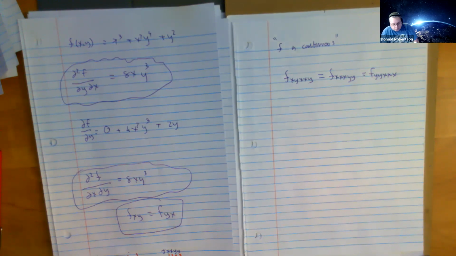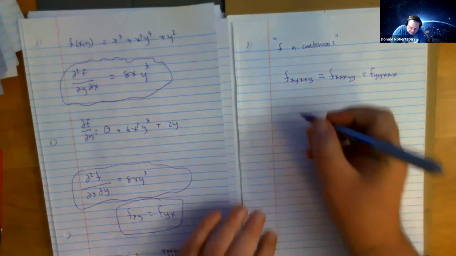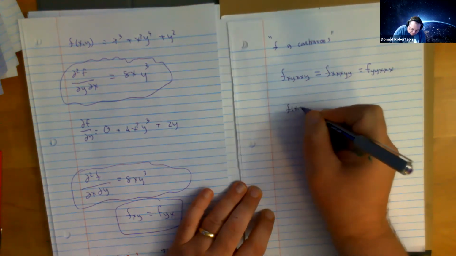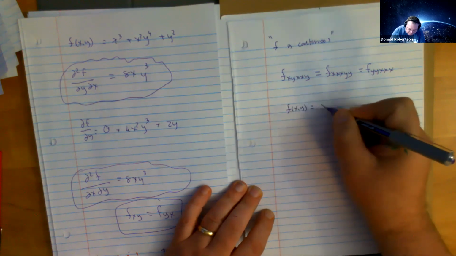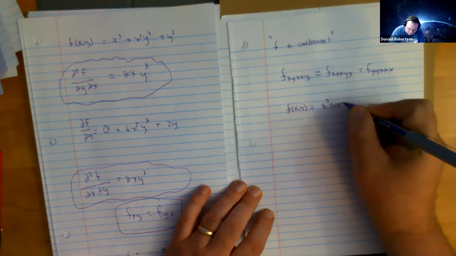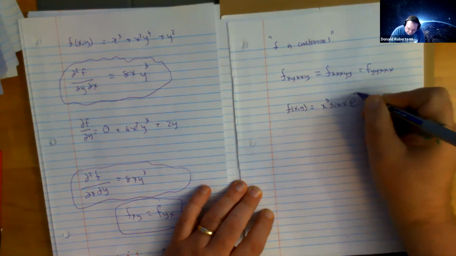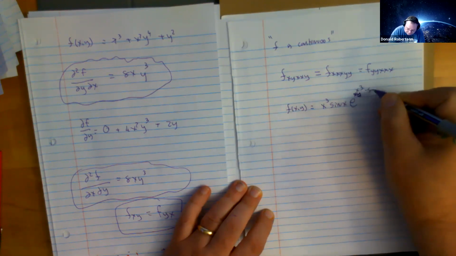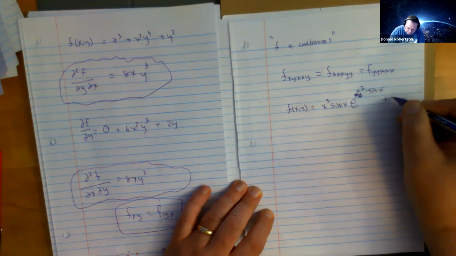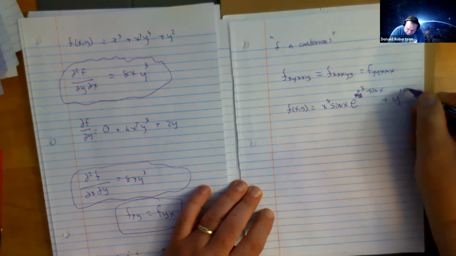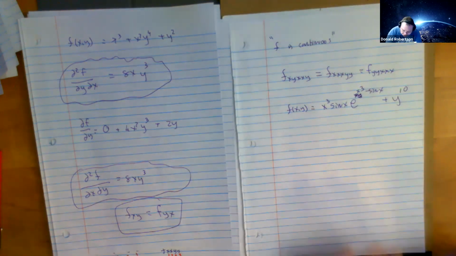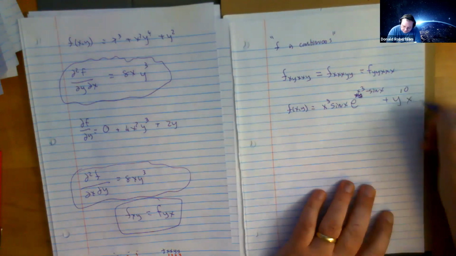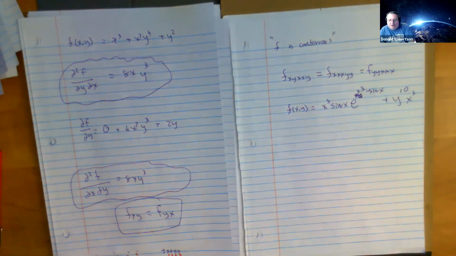Now you might think, why would that be helpful? Here's an example of why it might be helpful. Here is an ugly looking function. At least it's ugly in terms of x.